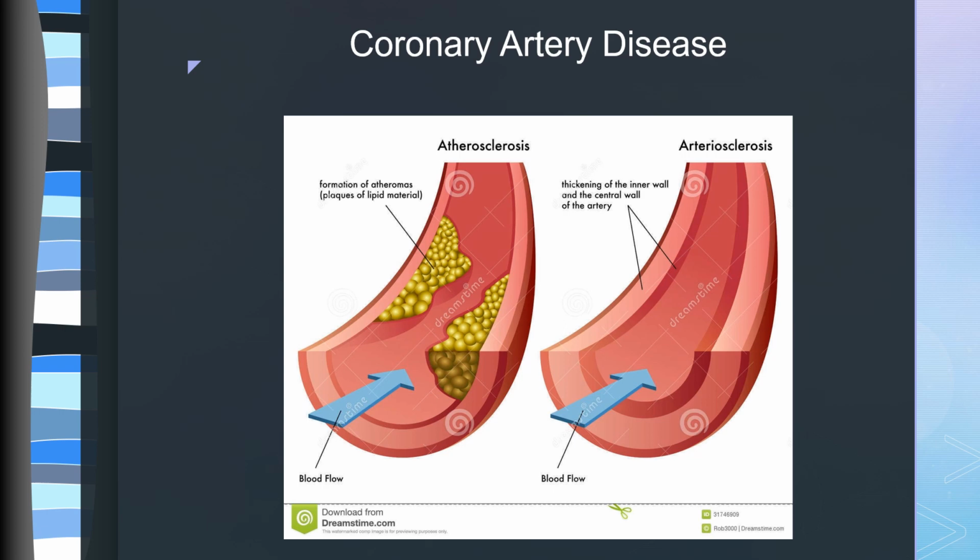Arterial sclerosis is the process of thickening and stiffening of the muscular layer and the endothelial lining of the arteries, as you can see on the right side of the slide. Both contribute to alteration and structural damage of those vessels, and that results in blockages, ruptures, and potentially life-threatening processes like a myocardial infarction.